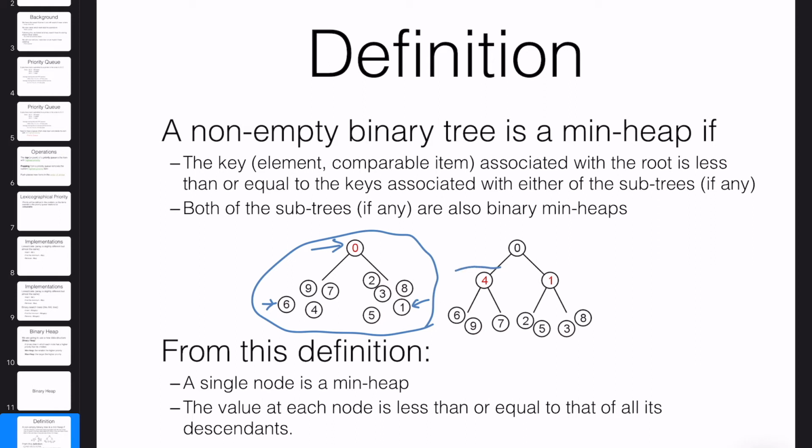Then over the left subtree, I don't care if there are some items smaller or greater on the left side or the right side. The only thing that I care is the value of this node is the smallest one among all of the items in the left and right. Over the right subtree, the same. The value of the node, which is the root of this subtree, is going to be the smallest one among all of the items in this subtree.